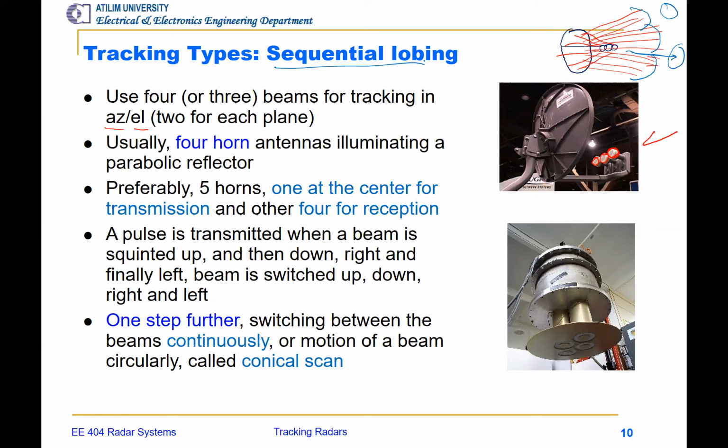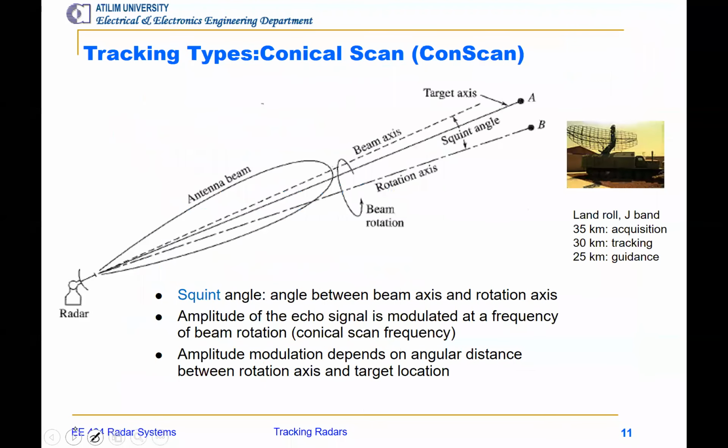I mean, if I rotate the antenna continuously, I can create continuous beams. Okay, then this is called conical scan. Conical scan. So in conical scan, we have to move the antenna or feeder, but there should be a motion.